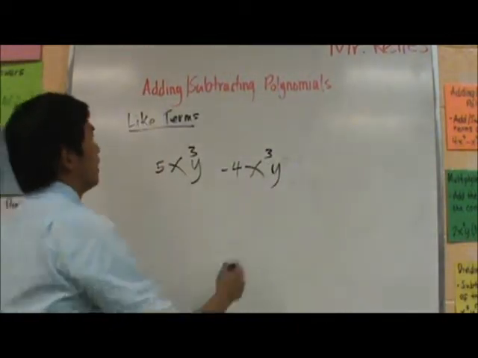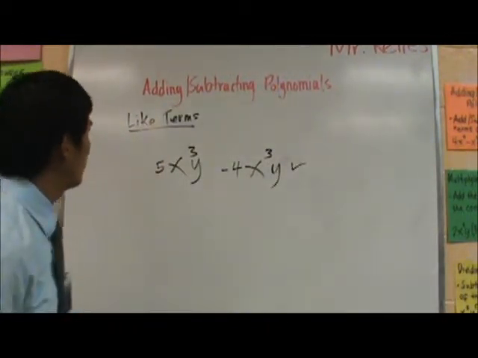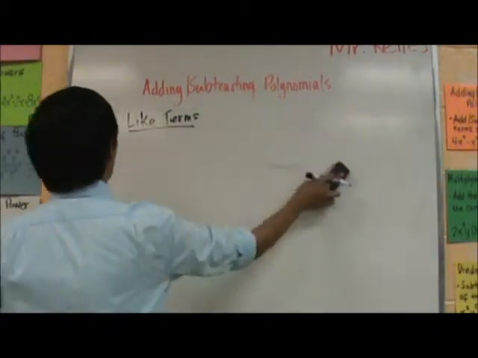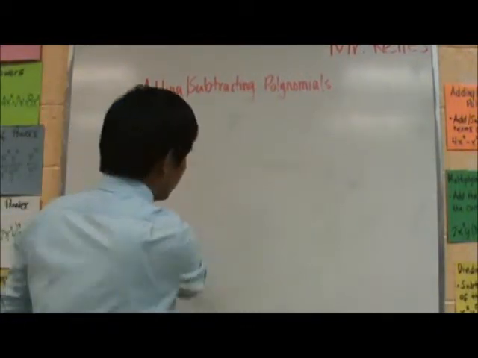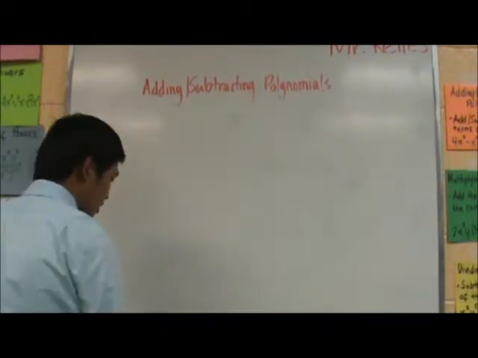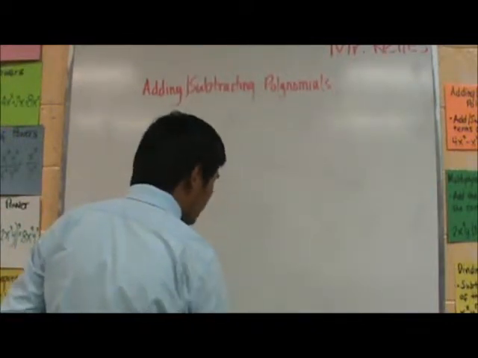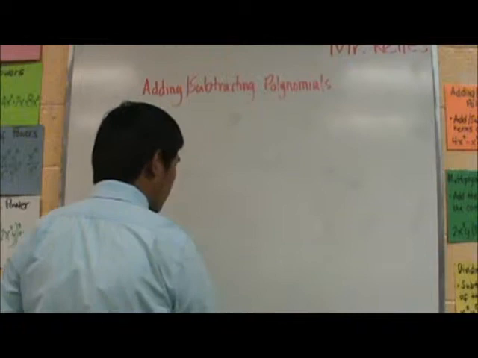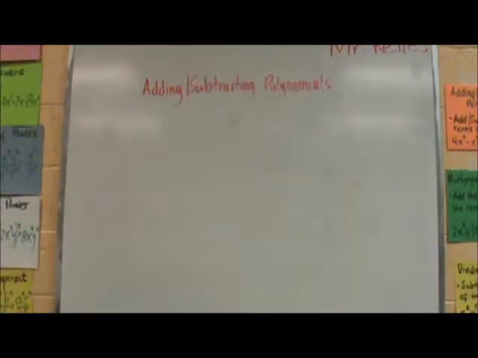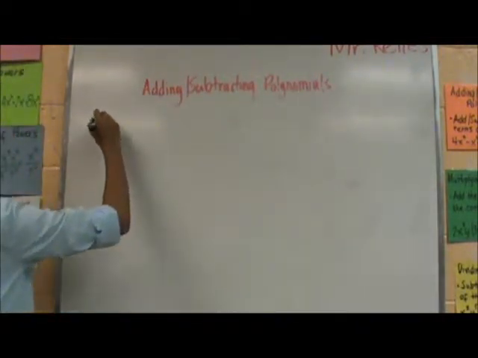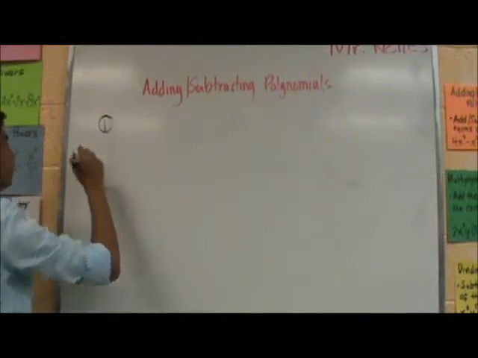There you go. And then I would say yes, they are like terms. So in adding and subtracting polynomials, it's really important that you identify whether the terms are like or not.